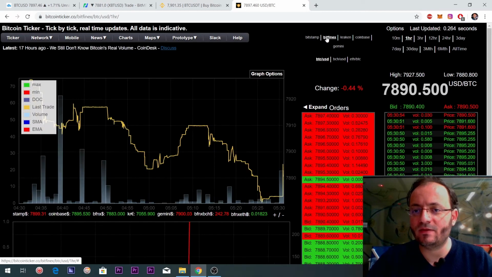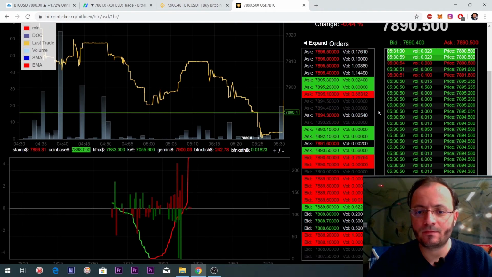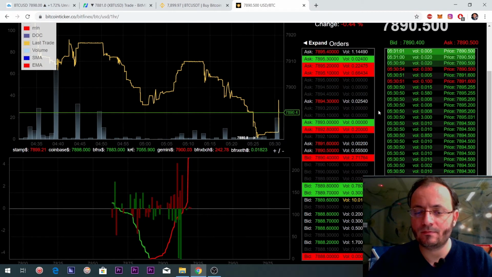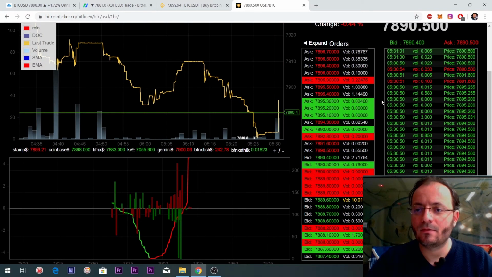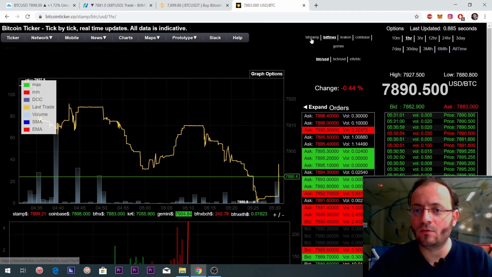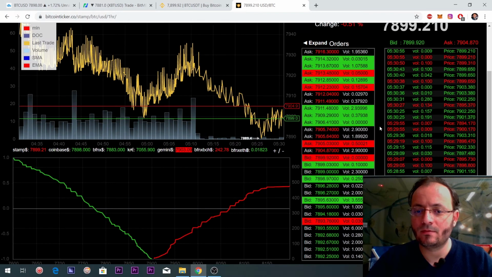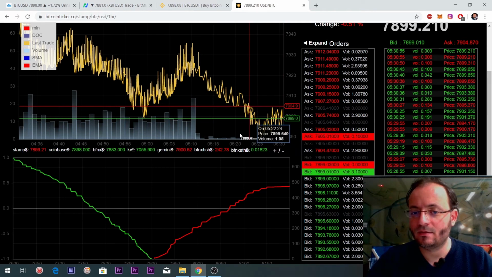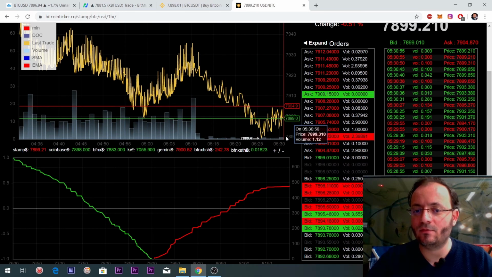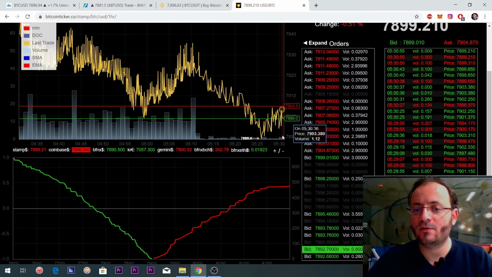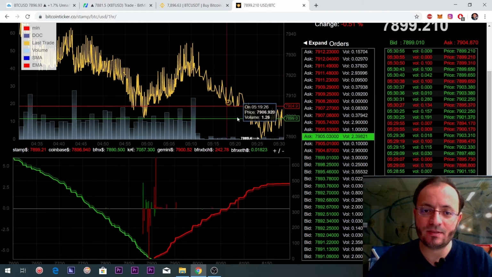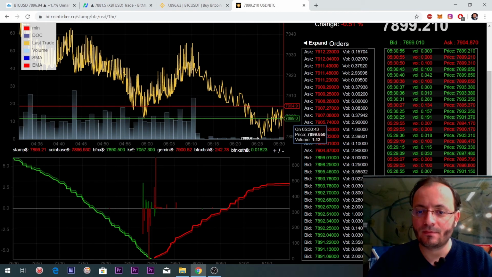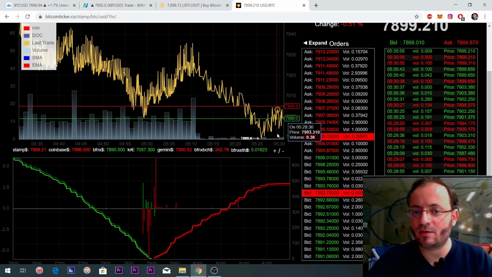Let's use Bitfinex, for example. Or Bitstamp. The volume is descending. This is an indicator for loss of interest. So the loss of interest usually means that the price will go down.